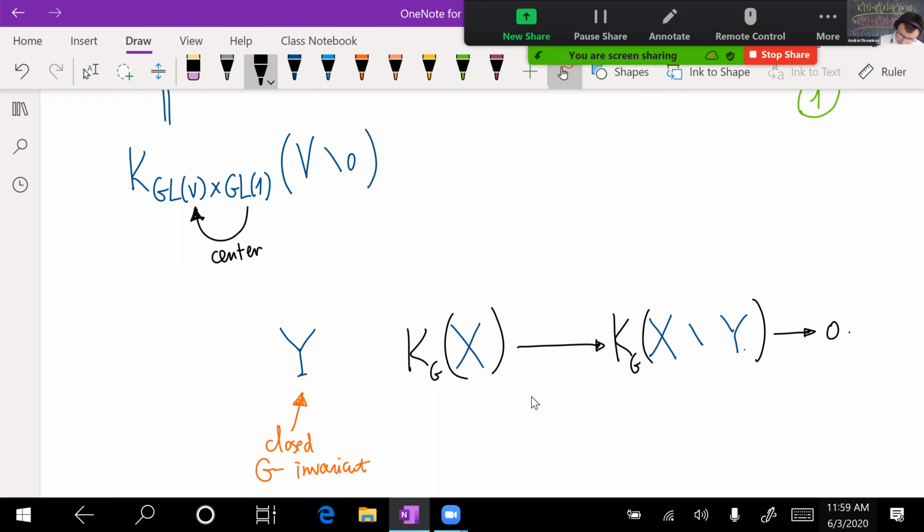Another exercise you can do is that the kernel of that map makes the sequence exact. If I restrict to the open, then this is the kernel. This map is by restriction to the open, and this one is by push forward.